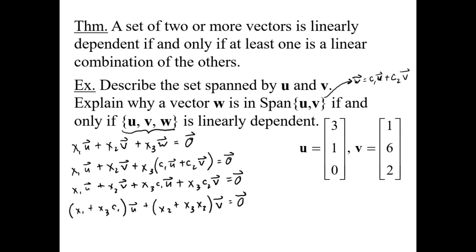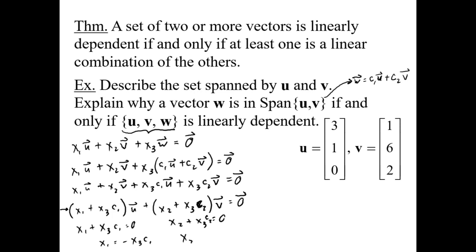Well, notice if the left side of this equation is equal to 0, that means the coefficient for u is going to have to be 0, which means that x1 is equal to negative x3 c1. And the coefficient for v will be 0. So x2 plus x3 c2 is equal to 0.